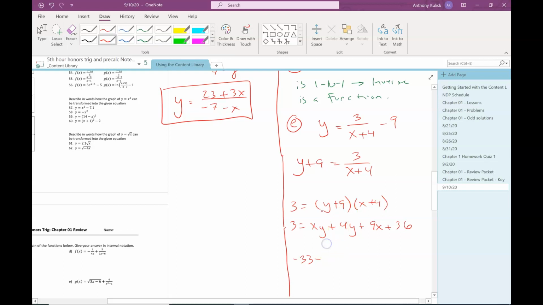Oops, that's a 4y though, I think. So far, so good, Josh? Yeah, that's a 4. It's 4y and 9x. It's unfortunate that I picked 4s and 9s to be in the same problem given my penmanship issues.